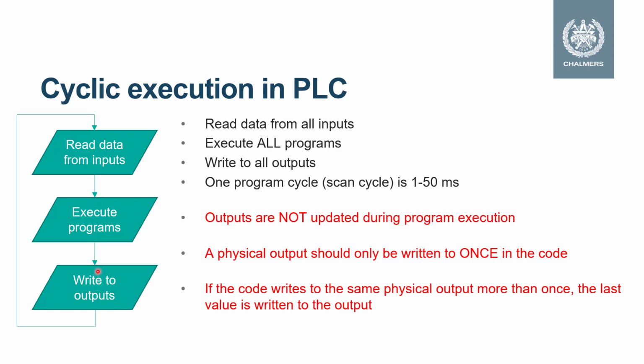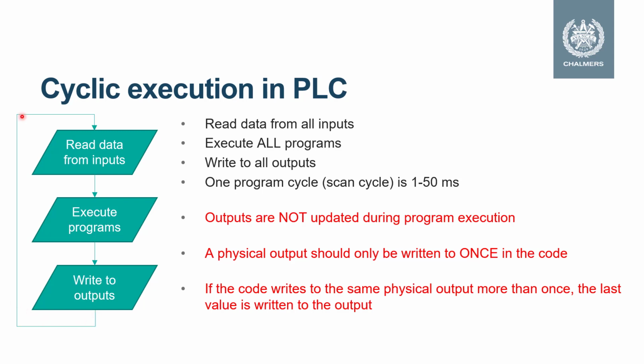If I had written this code in, for example, a microcontroller, I could have turned the lamp on and then off in the same code because it continuously writes to the outputs. But the PLC system will not write to the outputs until the entire program is executed.